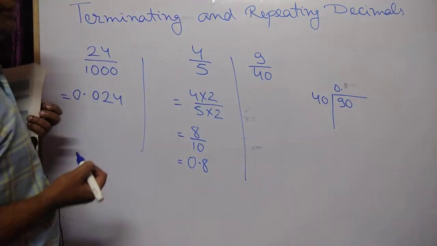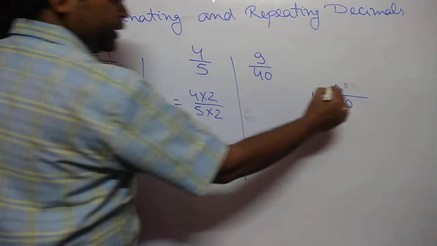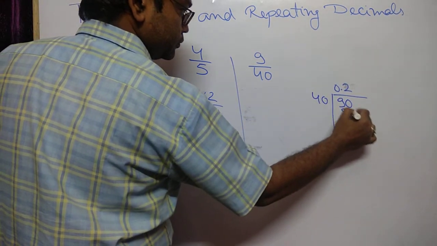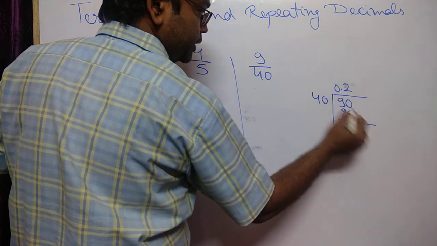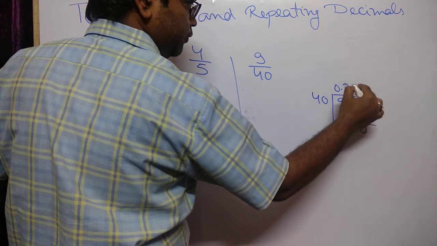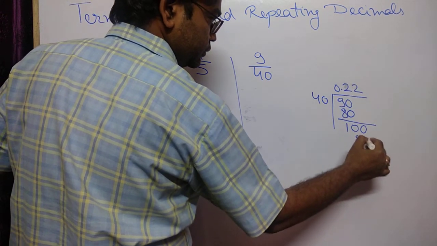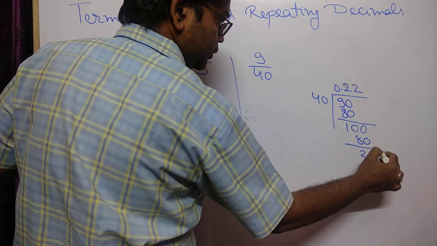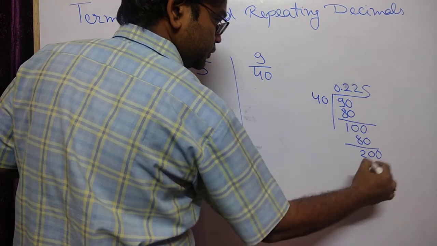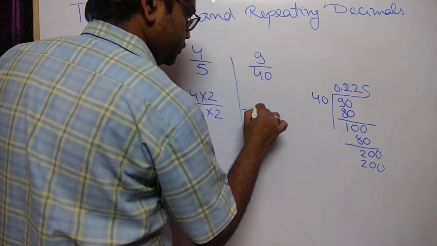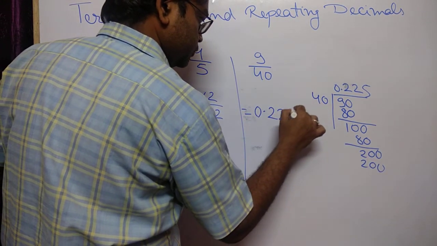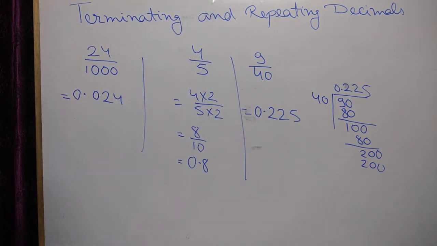After the decimal we can apply a 0. 4 2s are 80. Since there is a decimal, we can apply one more 0. Again 4 2s are 80. Apply one more 0. 5, 200. So ultimately we can write 0.225. This is another method to convert a fraction into a decimal.